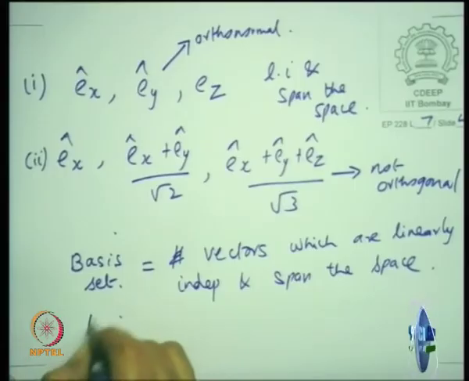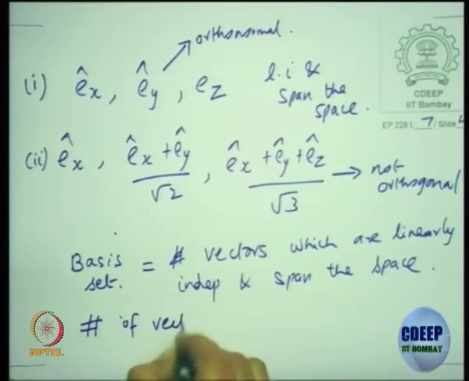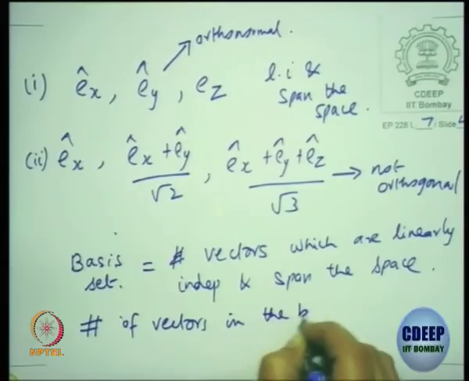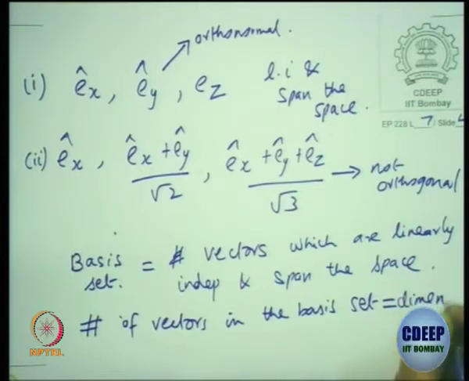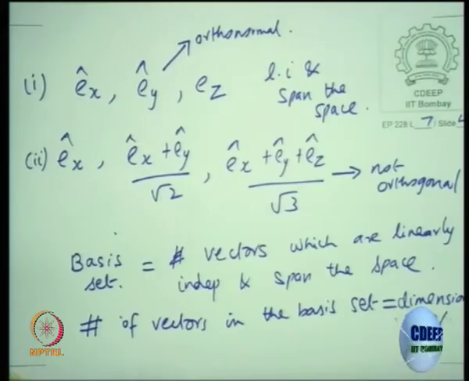The number of such vectors in the basis set is the dimension of V. Here I have taken this vector space to be the familiar 3-dimensional R3, but whatever I am giving you here can be extended to an arbitrary vector space where this number will change.